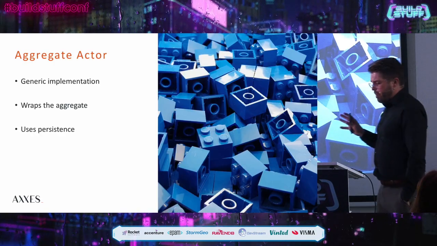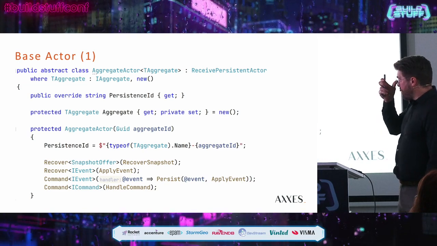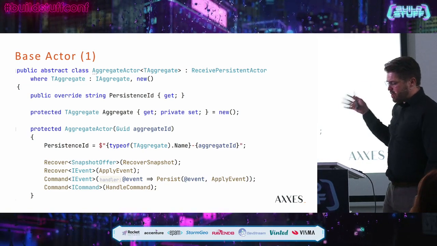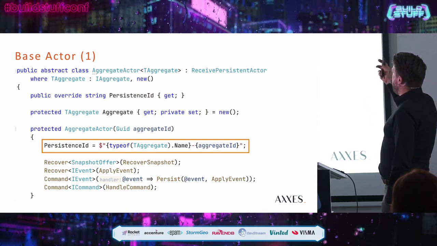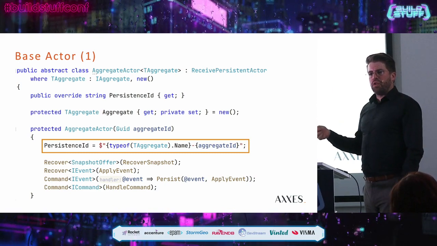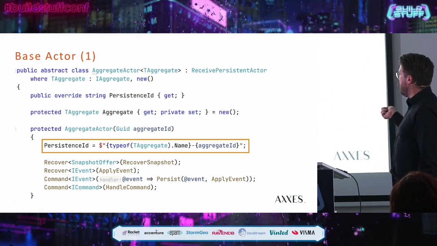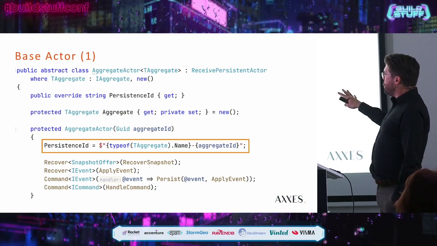So if I want to wrap these aggregates inside an actor, that implementation is actually something you can make generic. So what I'm going to do is a receive persistent actor. My persistence ID will be the type of my aggregate with the aggregate ID, and I'm done. So that's good.